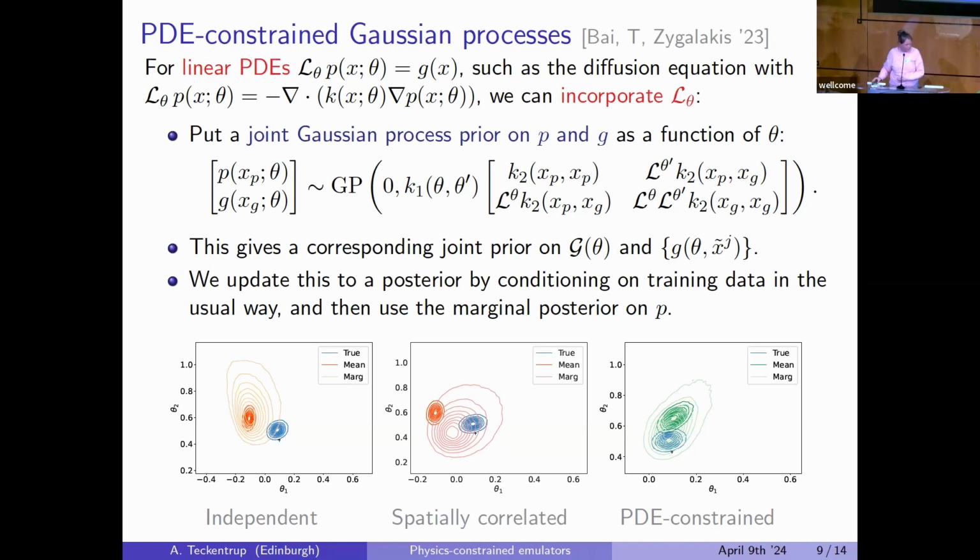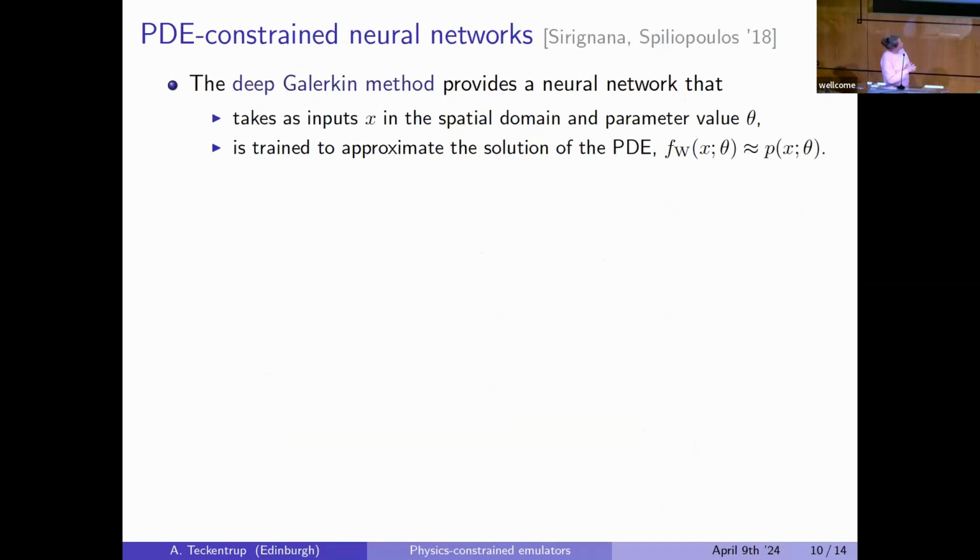Okay. Then again, a bit quickly, we also have some work on using neural networks for these uncertainty-aware and PDE-constrained surrogate models. So we're basing our approach on this deep Galerkin method. That was proposed by Sirignano and Spiliopoulos in 2018.